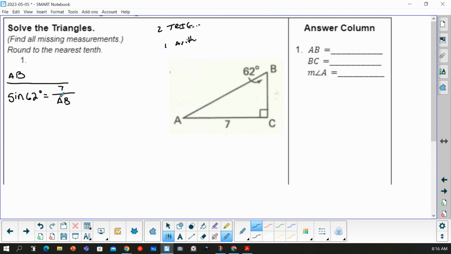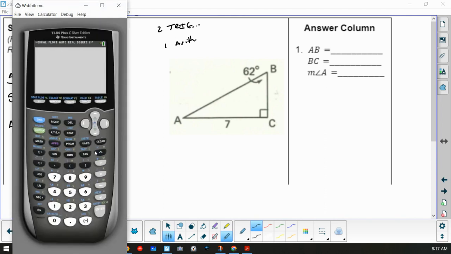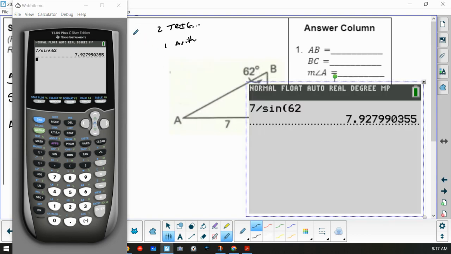Now, when my unknown is in the denominator, I taught you that shortcut, and so I'm going to use that shortcut, which means I put AB on the left side of the equation. The sine 62 is going to go down here below the 7. And then on my calculator, I'm going to do 7 divided by the sine of 62. 7 divided by sine 62 is 7.92, so it's going to round off to 7.9.